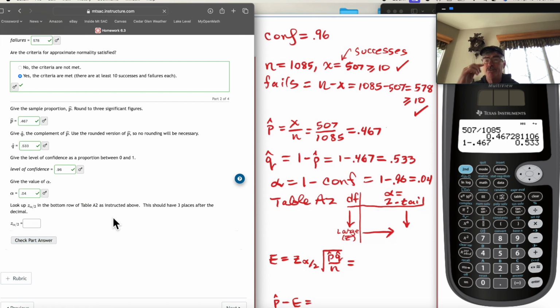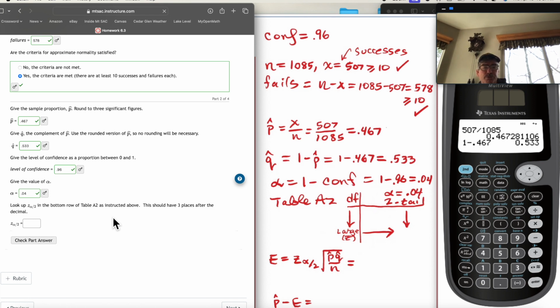Now our z alpha over 2. So just a reminder how this works. In our little table, you go to the bottom row here. Your alpha, we're going to look up 0.04, but it has to be under 2 tails. So make sure it's 2 tails. That's a kind of a common mistake to just forget that. And that's a mistake I make once in a while.